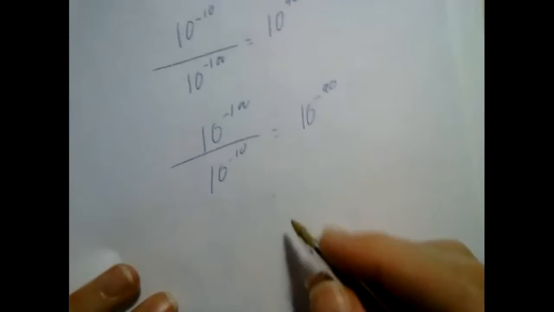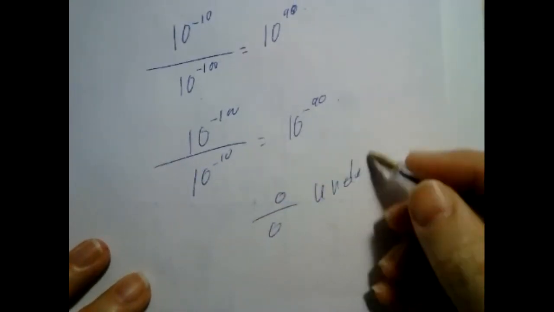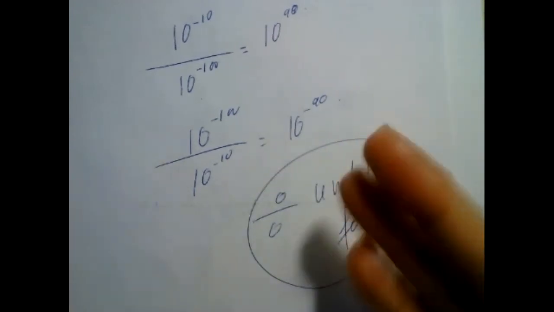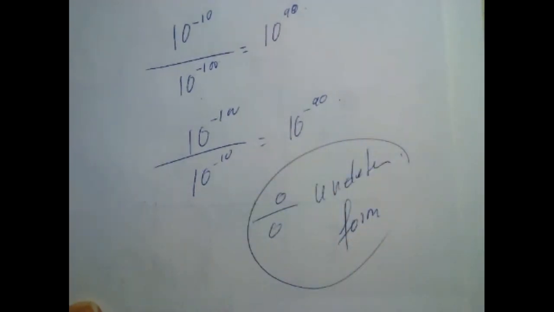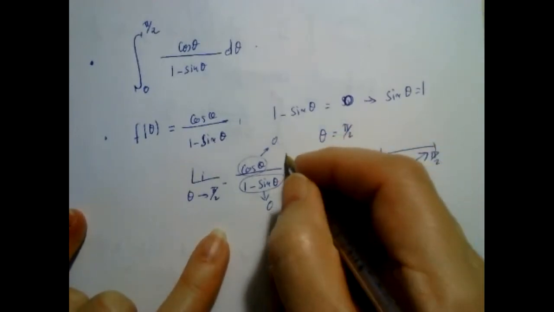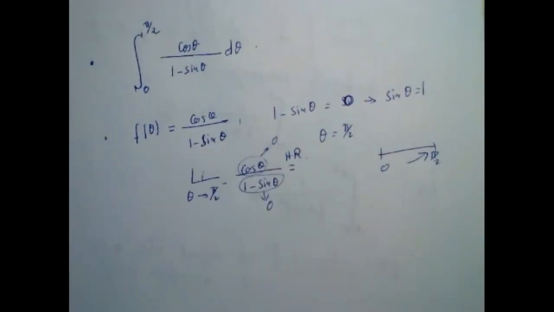So when we have 0 over 0, this is called an indeterminate form. It means the answer really depends on how the function goes to 0. Now, how do we find the limit in this scenario? When we have 0 over 0, L'Hopital's rule comes to the rescue.